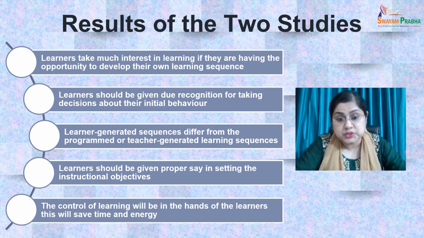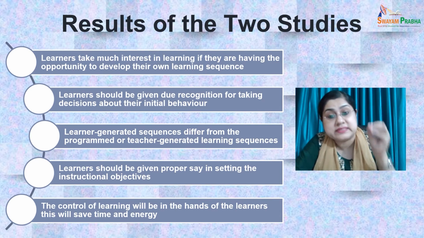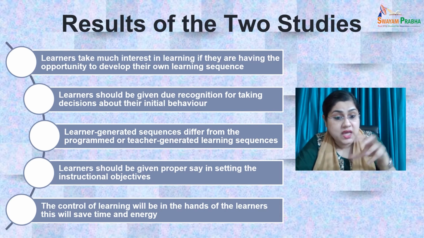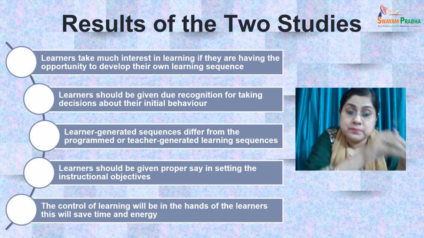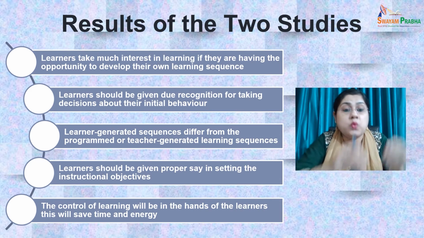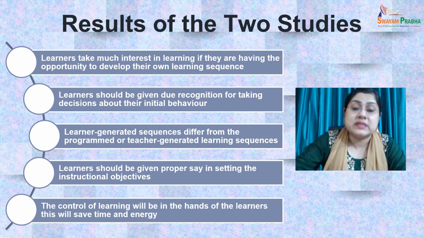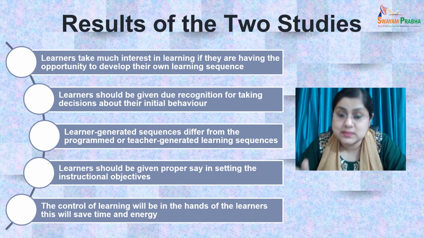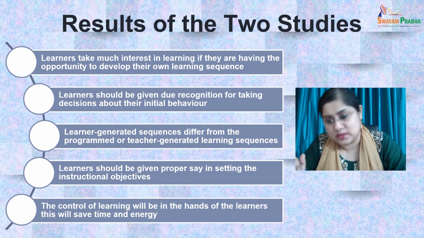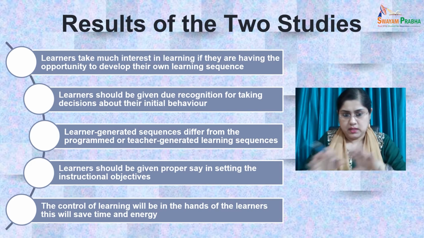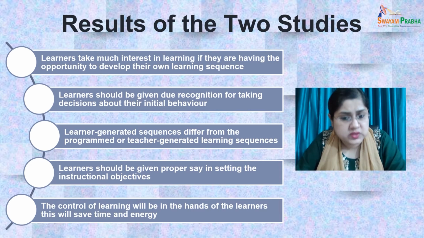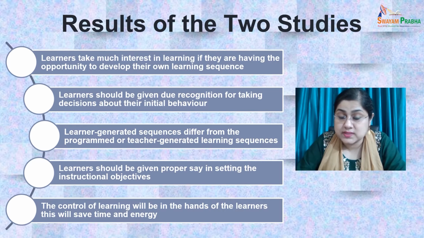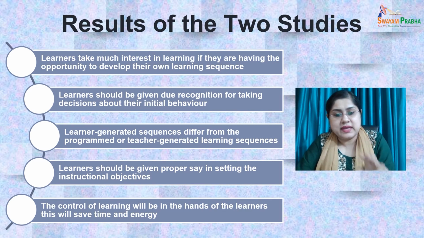So the learner should be given a proper say in setting the instructional objectives, as it is the learner himself or herself who has better knowledge of needs, interests, and abilities for reaching the goal. The time and energy of both the learner and the teacher can be saved by making the instructional process learner controlled, rather than teacher centered and teacher controlled.